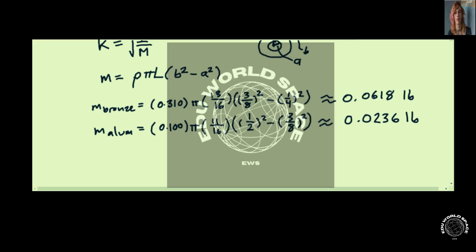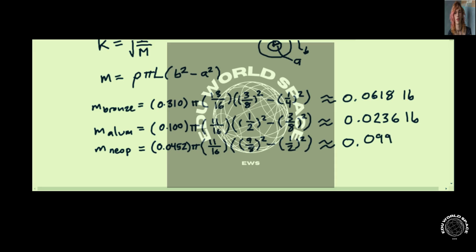And lastly, the neoprene piece is given by the density of the neoprene times pi times 11/16 of an inch. In this case, the outer radius is 9/8 of an inch squared minus 1/2 of an inch squared. And we get, for the mass of the neoprene piece, approximately 0.0992 pounds.